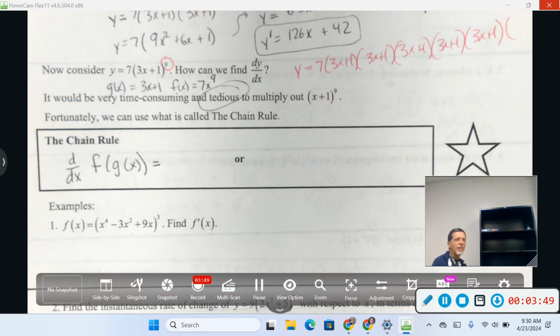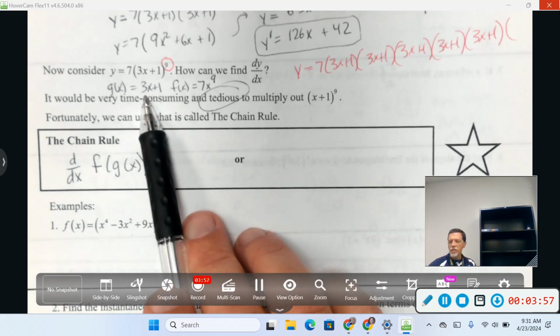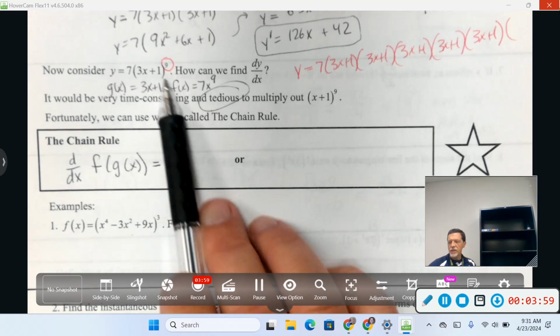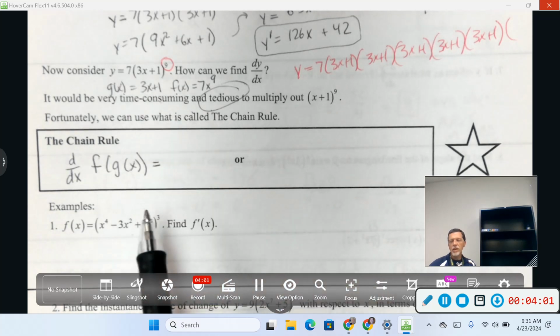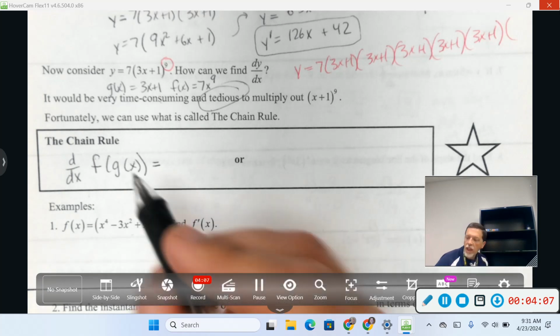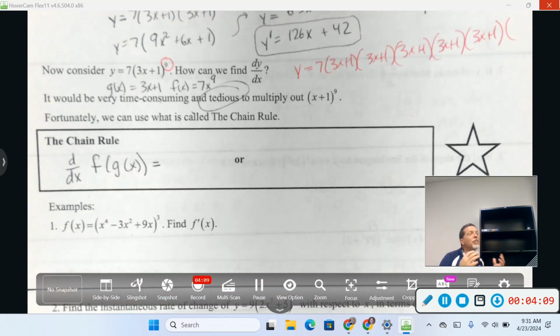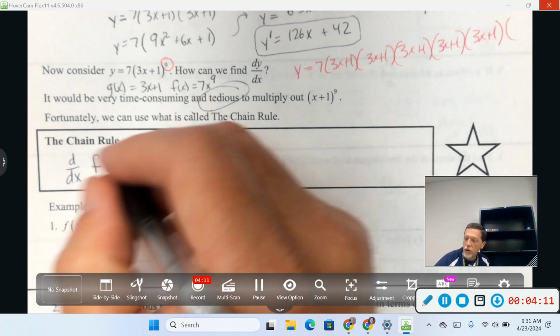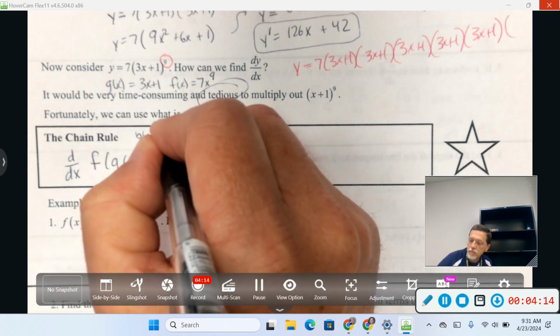You remember doing that in algebra, like undoing composite functions? It was kind of tricky. But if we plugged in 3x plus 1, then we'd get what we have for y. So the chain rule is used for these nested function things, functions within functions. And layers of things is sort of where the blow pop rule comes in.